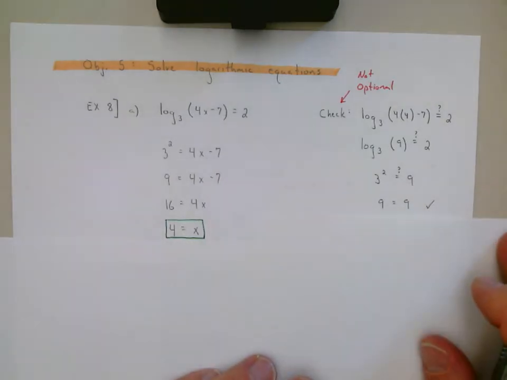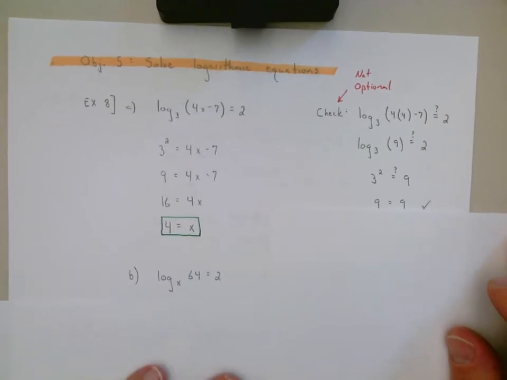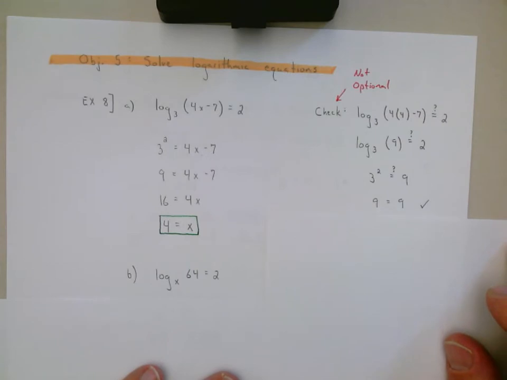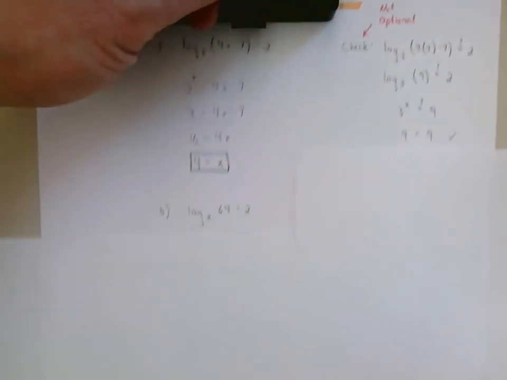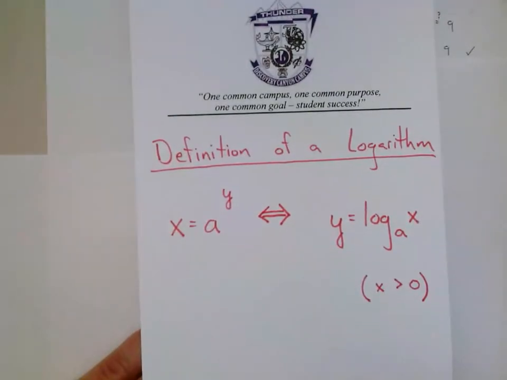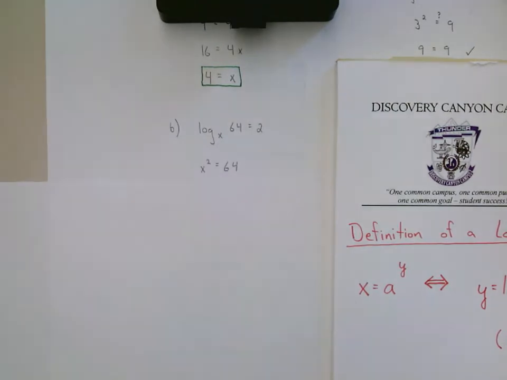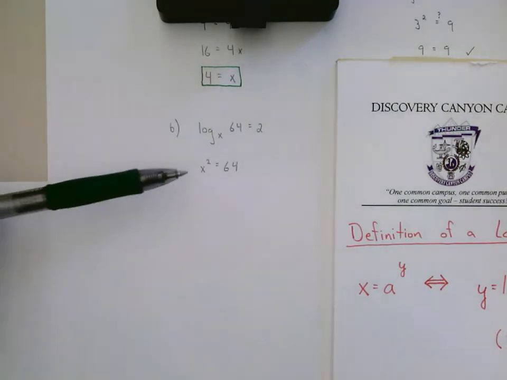Okay. Example 8b gives us another equation involving a logarithm. The difference between 8a and 8b is that in 8b, the unknown is in the base of the logarithm instead of the argument. With the unknown in the base, I'm going to refer to my definition again, and I'm going to rewrite my logarithmic equation using an exponent.